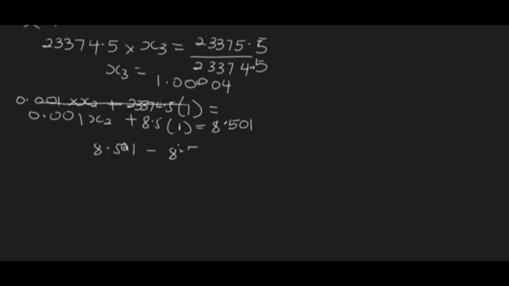Then everything over 0.001. So what are we going to get? 8.501 minus 8.5 all over 0.001, and that is 1. So the answer is 1.